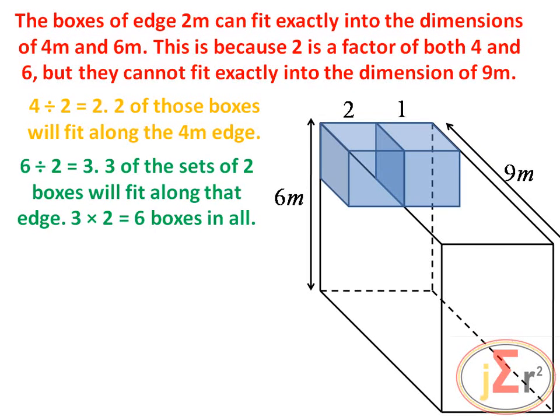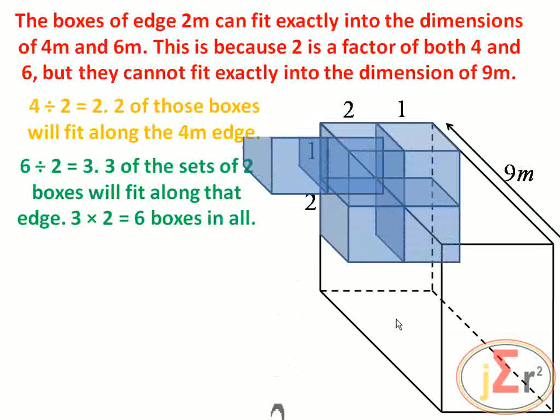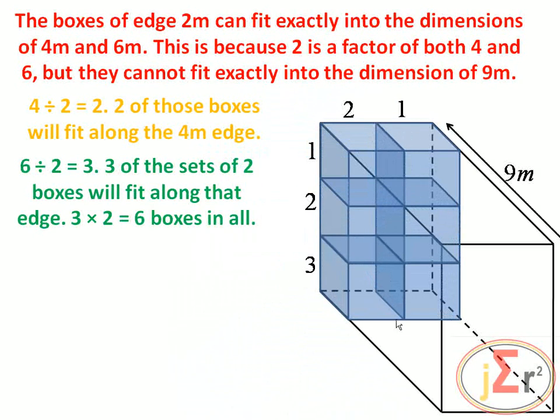So we have 3 times 2 is equal to 6 boxes in all. Because 2 into 6 will be 3, we will have 3 of this set going in the vertical direction.